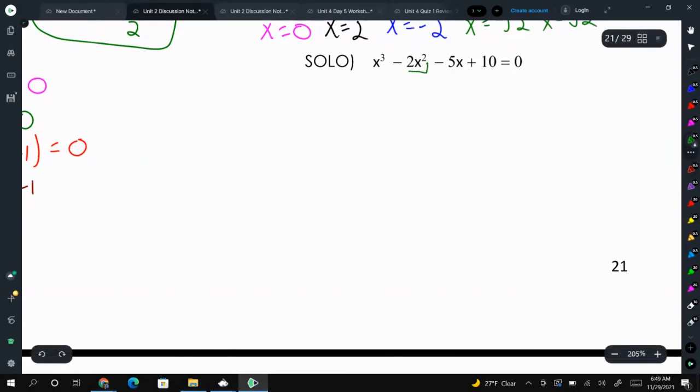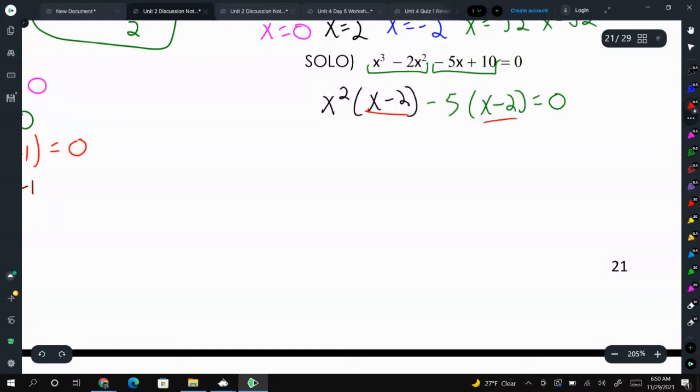So I'm going to look and see, can I do factor by grouping? Well, I can factor out an x squared from those, so x squared, and I'm left with x minus 2. And then from the next group, I can factor out a negative 5, and I'm left with x minus 2. These match, so I'm in good shape to do factoring by grouping in my leftovers.